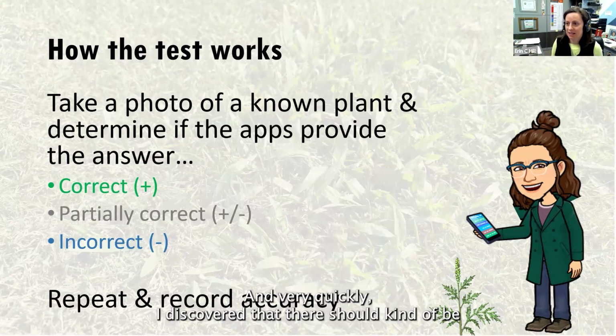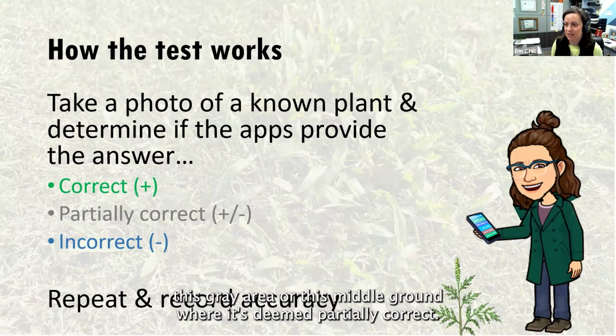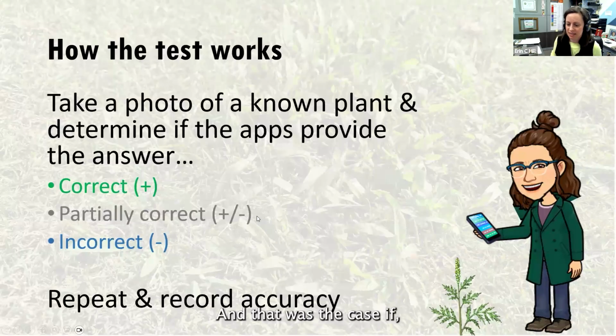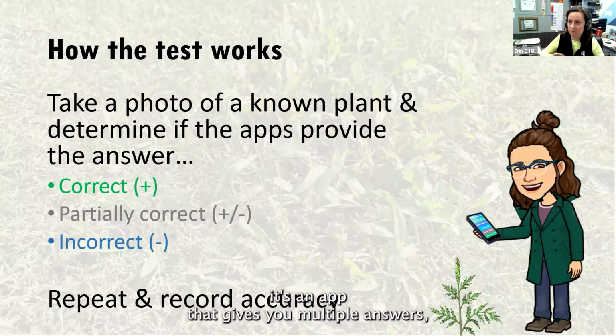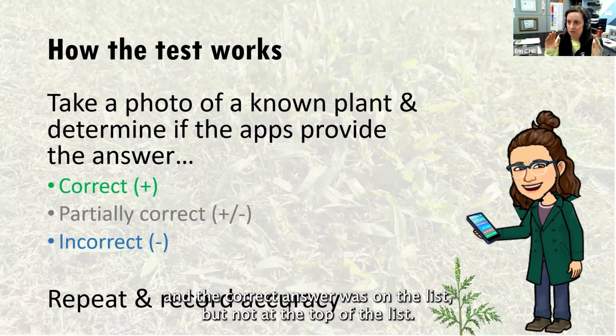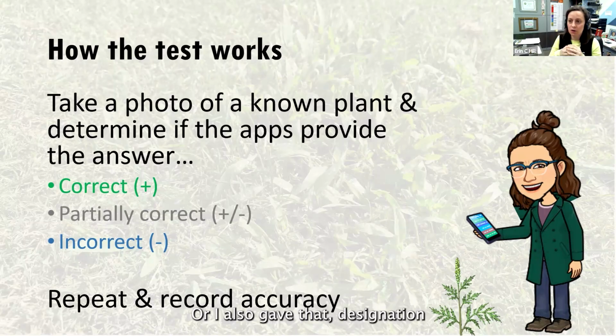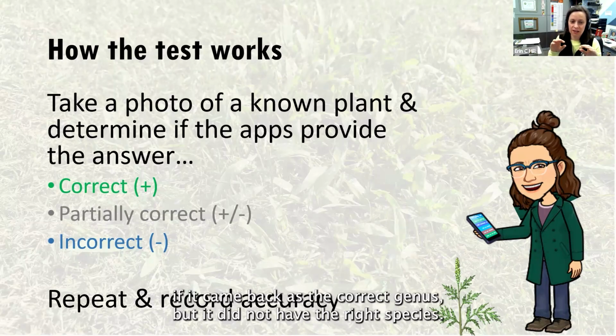And very quickly, I discovered that there should be this gray area or middle ground where it's deemed partially correct. That was the case if it's an app that gives you multiple answers and the correct answer was on the list but not at the top of the list. Or I also gave that designation if it came back as the correct genus, but did not have the right species.